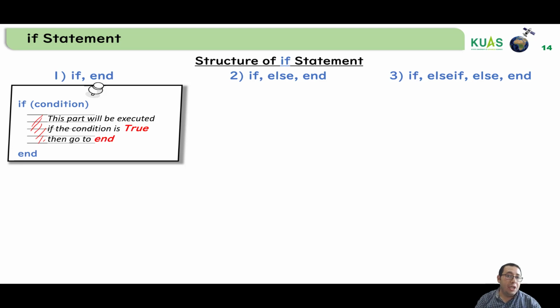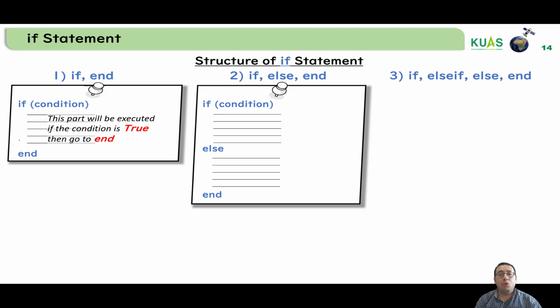But what if the condition is false? Then this part will not be executed and it goes directly to end. So if true, this part will execute first and then go to end. If false, this part will not be executed, just go to end.